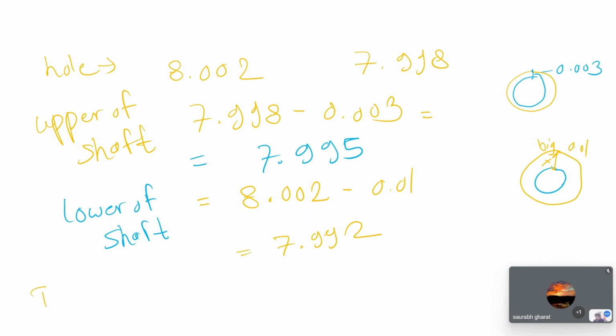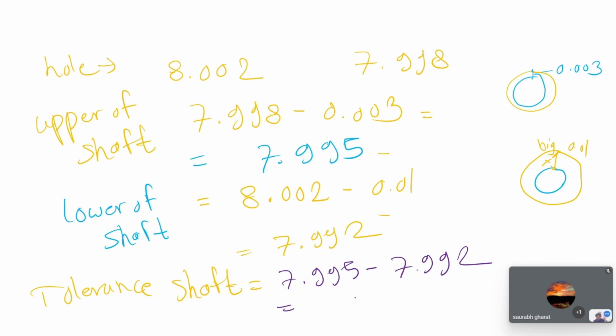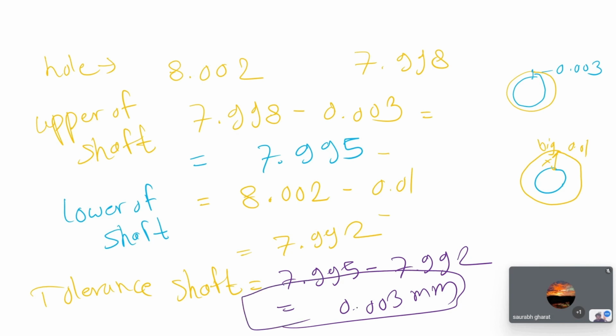Okay, this tolerance, the last tolerance of the shaft will be this minus this part. So you can easily get it, is equal to 0.0. So this is your answer.